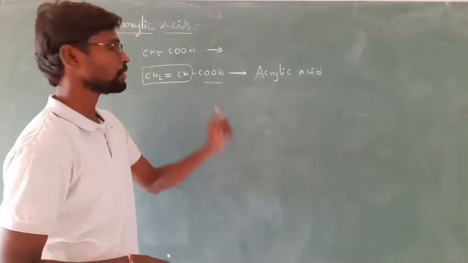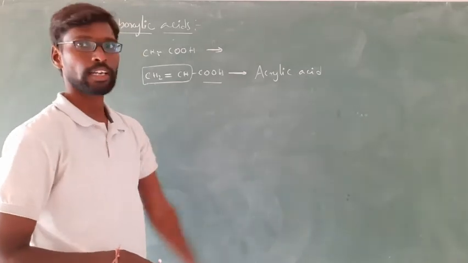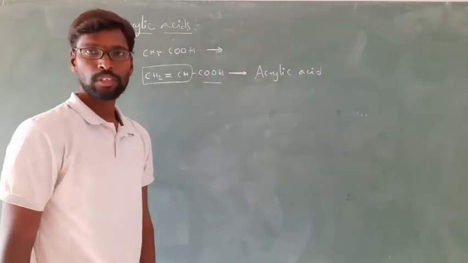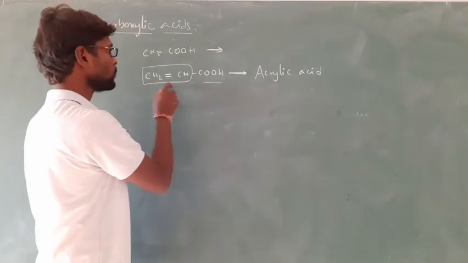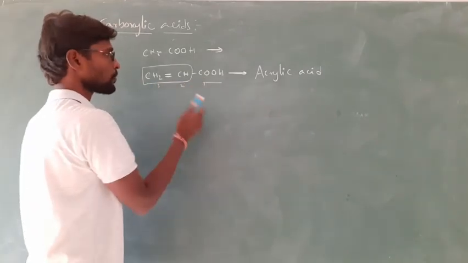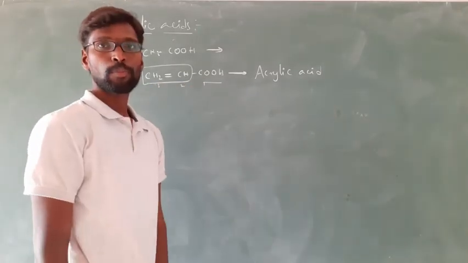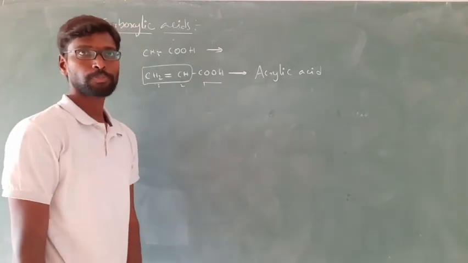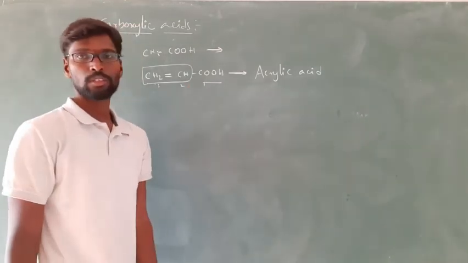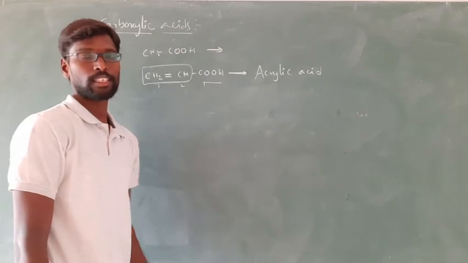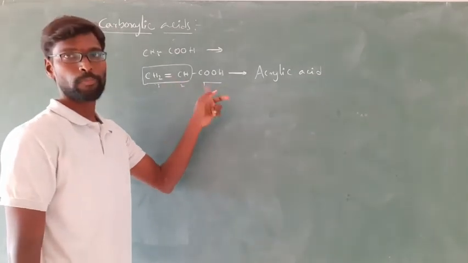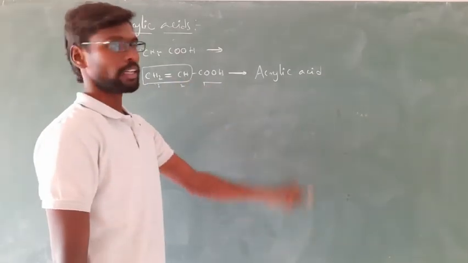CH2 double bond CHCOOH is called acrylic acid. The IUPAC name, numbering 1, 2, 3, is propenoic acid, or simply 2-propenoic acid. But the common name is acrylic acid.